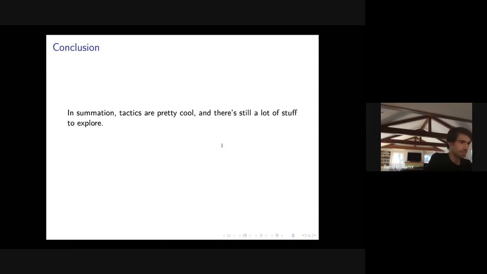So in summation, tactics are pretty cool. There's still a bunch of stuff to explore. If you ever find yourself working on a type checker or proof assistant, do try this LF style bidirectional approach. It is really elegant, and it solves a lot of very concrete problems.